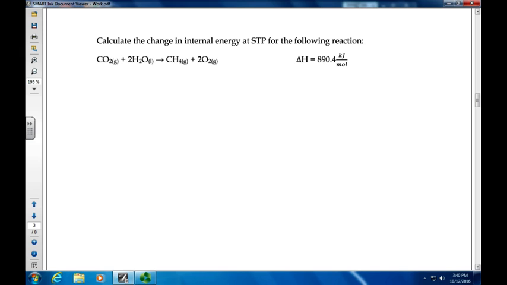So in this example, we are asked to calculate the change in internal energy at standard temperature and pressure, STP, for the following reaction. Well, the first thing we're going to want to recognize is what STP actually means. STP means standard temperature and pressure.